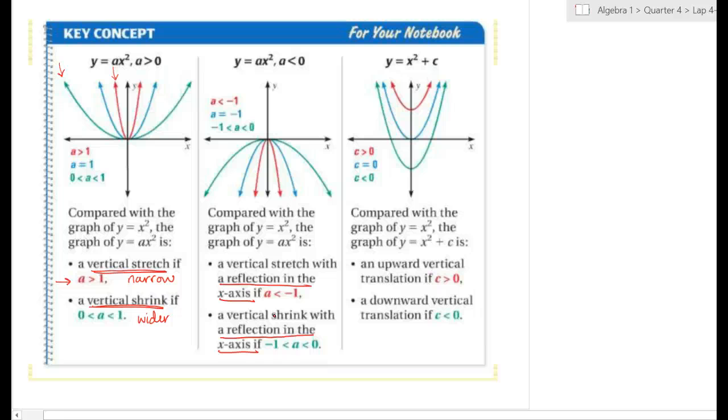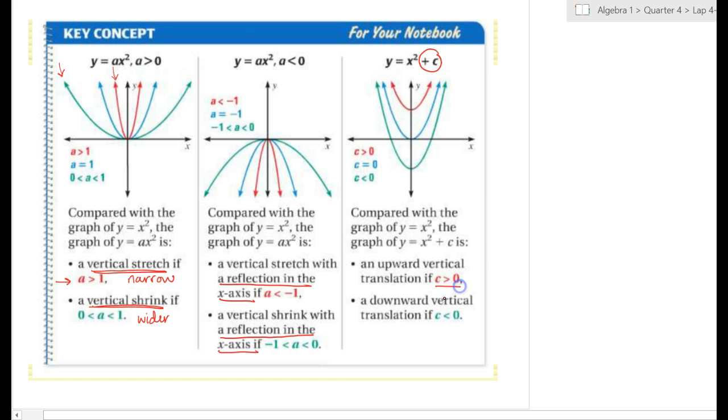And then we call this last one. Here, in this picture at least, there's no shrink or stretch happening. But what we see here is that there's a c value. When we have a c value added on to the parent function, all that happens is the graph either moves up or down. It depends on what my c value is.